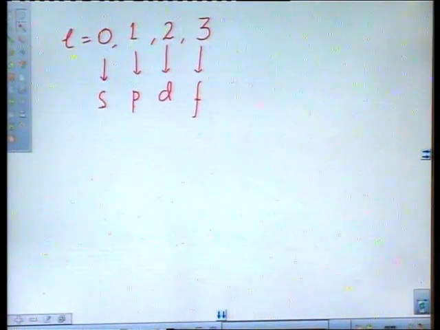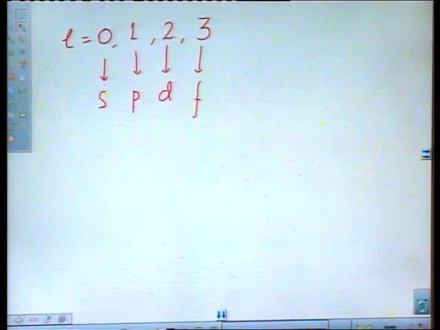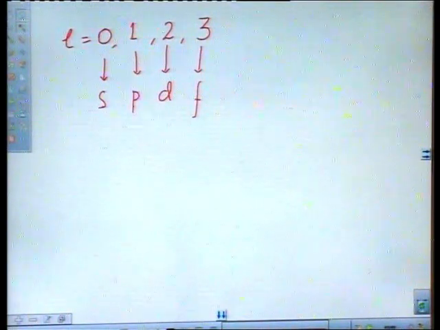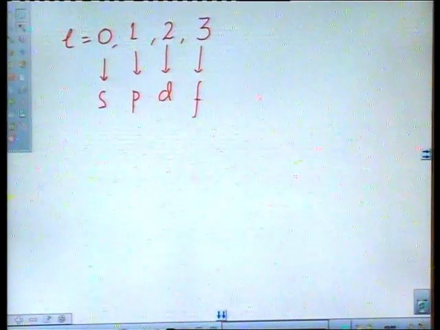Sharp, principal, diffuse and fundamental. These letters are taken from the first letters of these words.